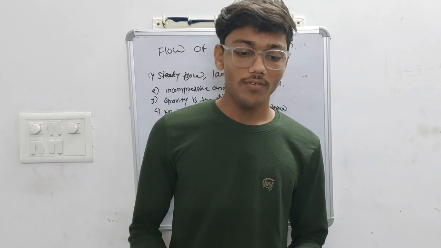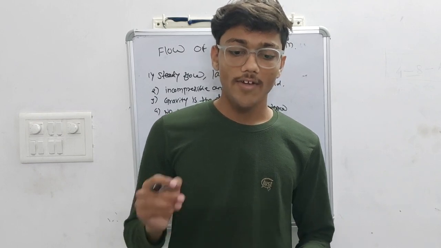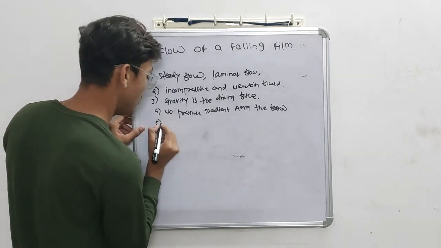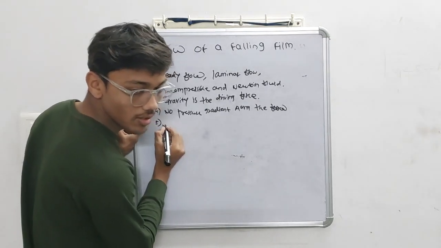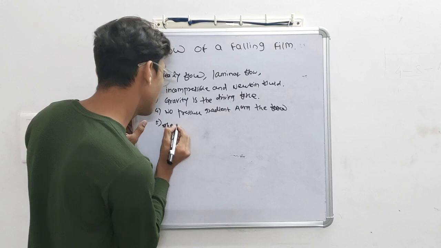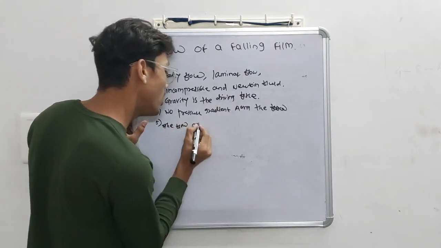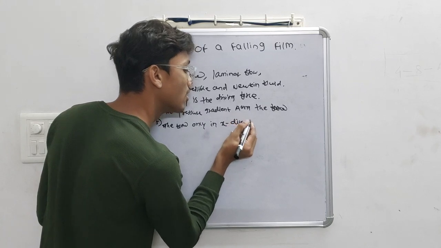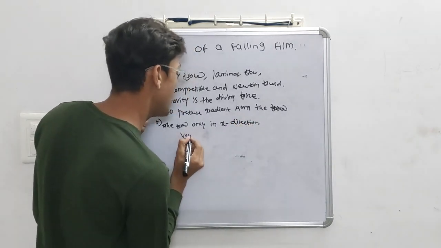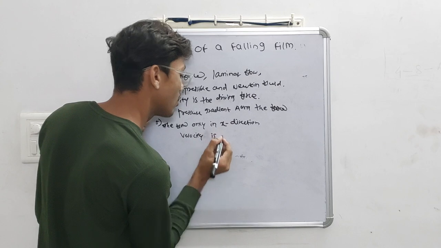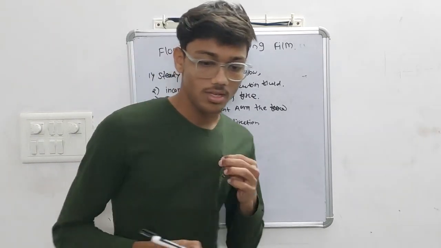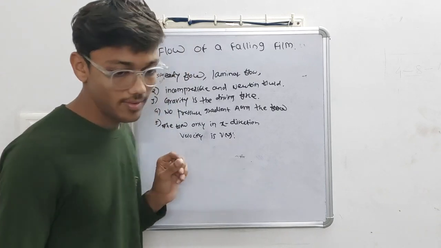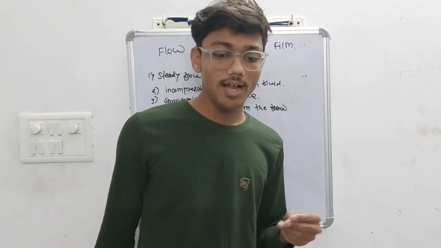Then, the flow is only in the x direction, so the velocity is u of y. No slip boundary condition at the wall.